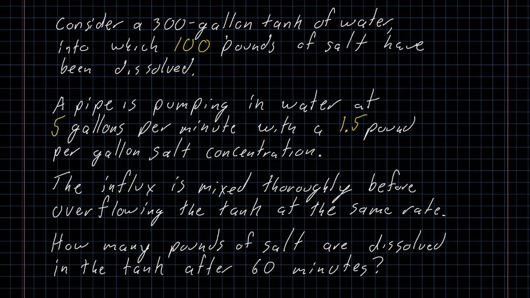All right. Here's a very similar problem for you to try. You can see I've highlighted in yellow the couple of changes from the previous problem. We're still going to be dealing with a 300-gallon tank of water.